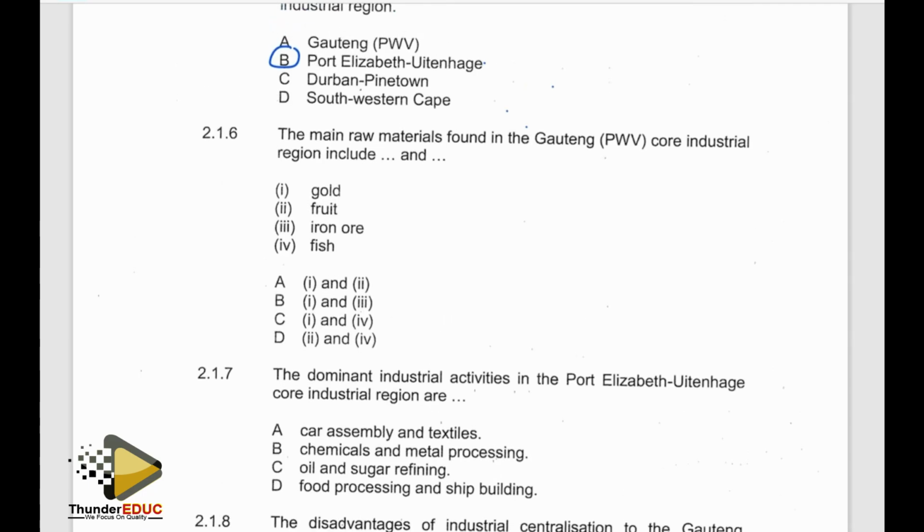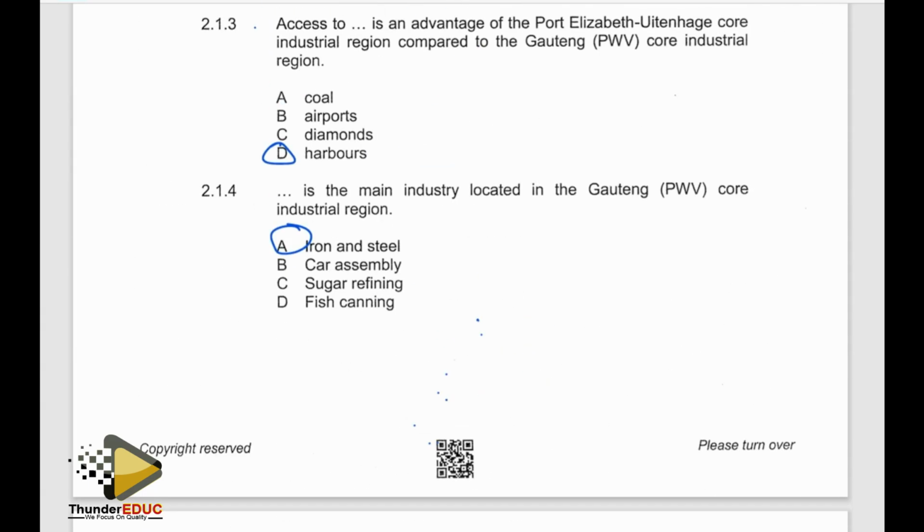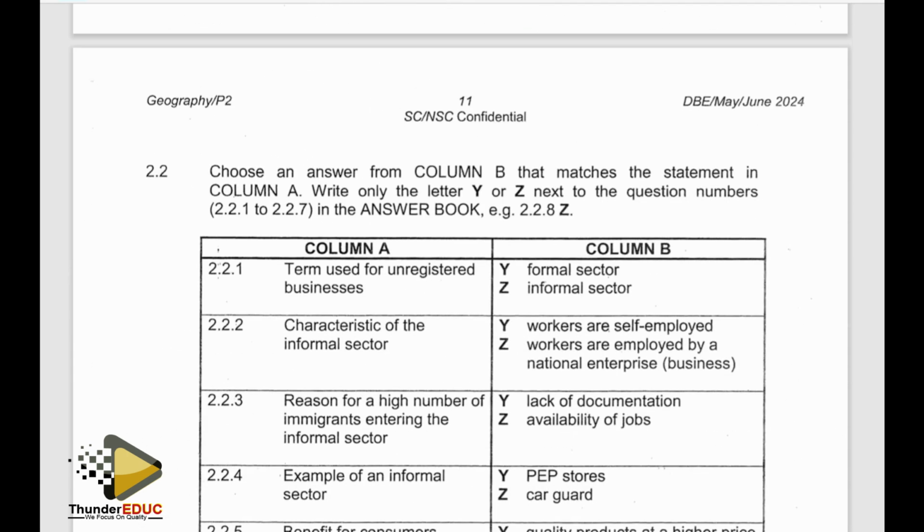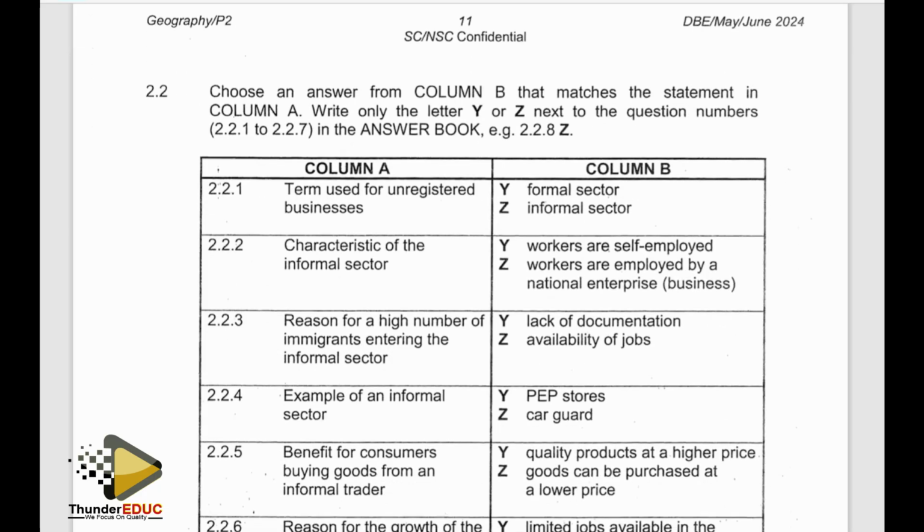It's question number 2.2. Right, quickly going through the question. It's a question which requires us to match column A versus column B with the responses Y and Z for each item. Right, this one we are going to do it quickly. The difference between the formal and the informal sector.